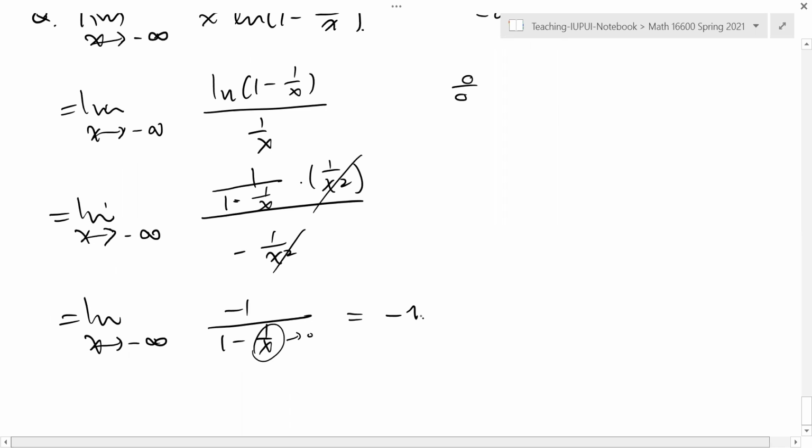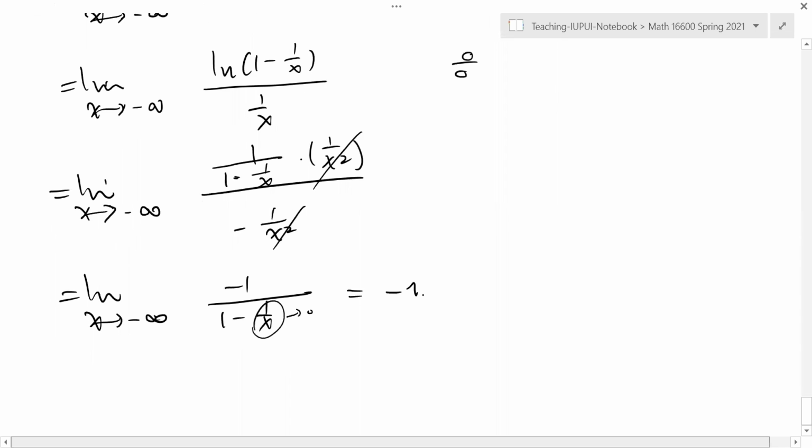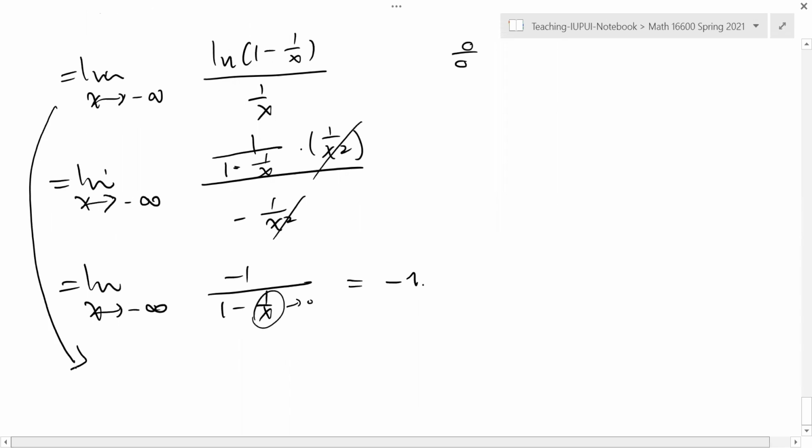Right? That's it. Now, if you change the variable, you can let u be 1 over x. Then when x approaches negative infinity, 1 over x is negative and approaches 0, so it's 0 from the negative side, okay? And then here it's going to be natural log of 1 minus u, over u.